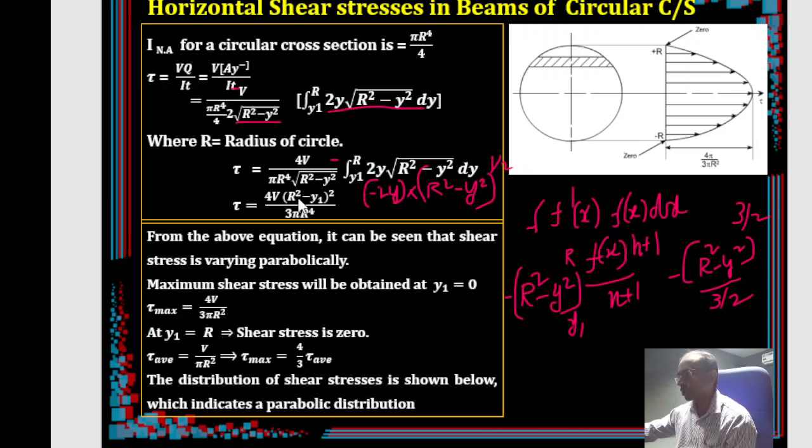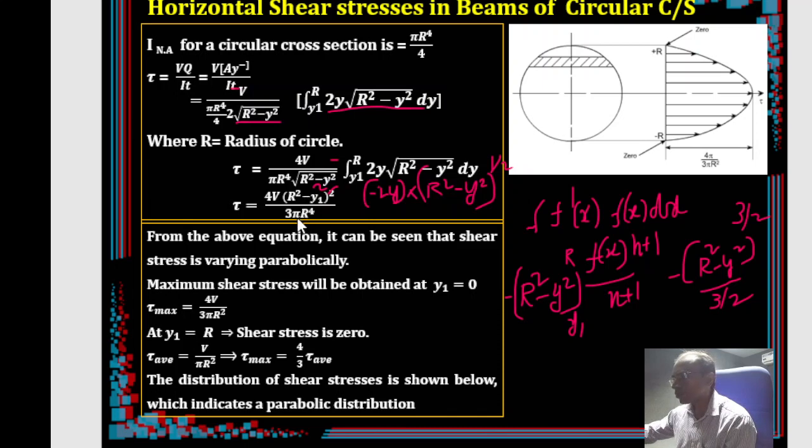Okay, so that's what you will be getting here, r square minus y1 square, inside, not outside. This is wrong, right? R square minus y1 square, and within the rest of the terms, what was 4v to r square minus y1 square, right?